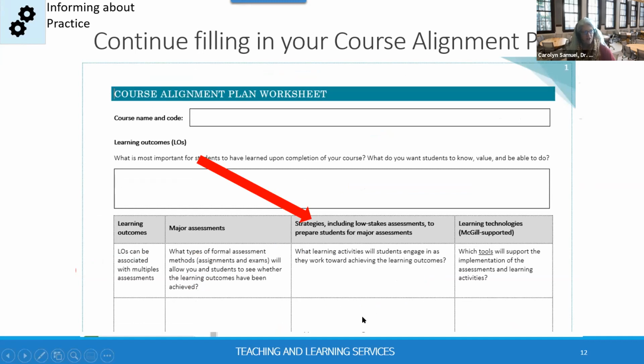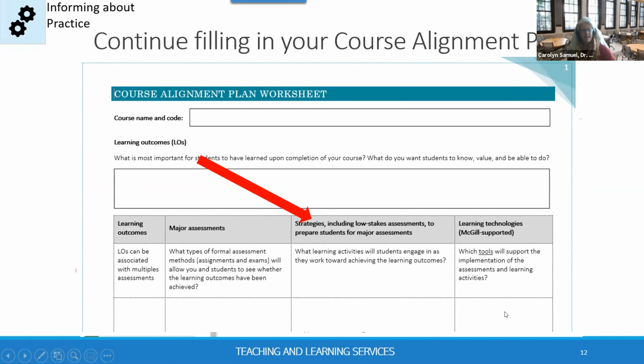And we have another column here that we would encourage you to work on today before the afternoon session, which is the strategies. Could include low stakes assessments that allow students to practice and get feedback, but that prepare them for their major assessments. So the learning outcomes were on our first day. The major assessments were yesterday, and today we talked about the strategies, and this is what we're hoping you'll fill in.